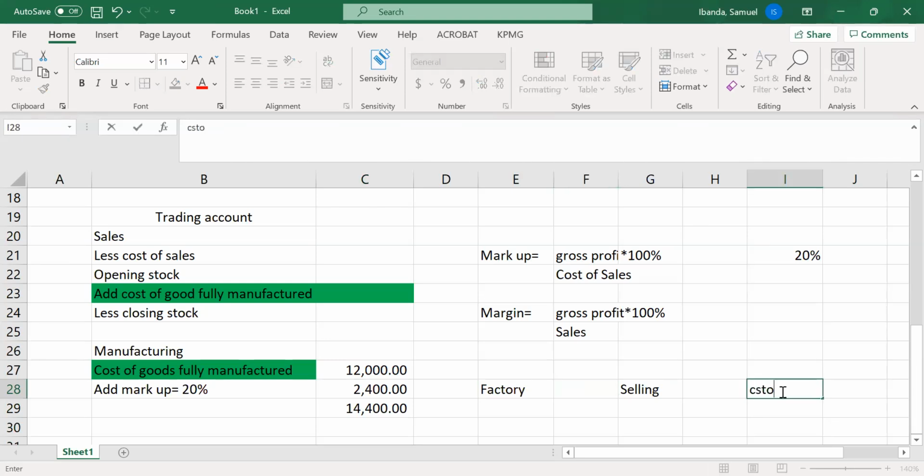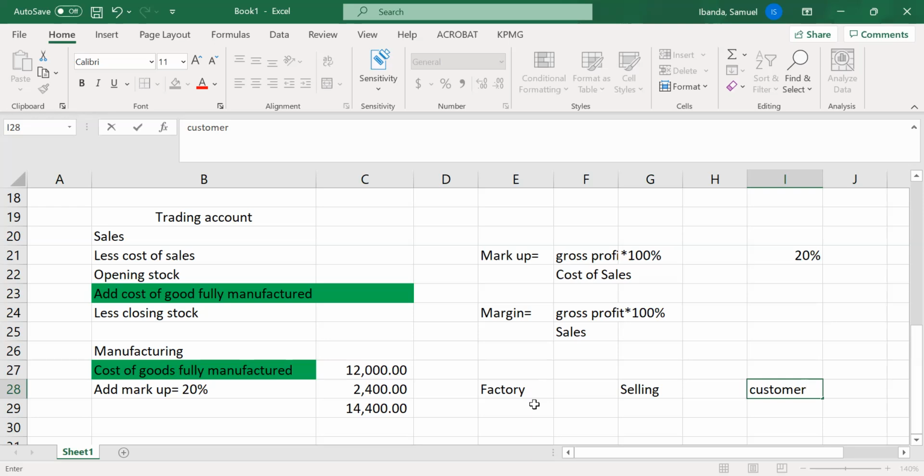Now, at the end of the period, you have unsold stock. You have some goods that you have not sold, but remember, you had transferred that stock at a markup. So whatever profit you had added on that stock that you have not sold is unrealized, and that's why there's a provision.